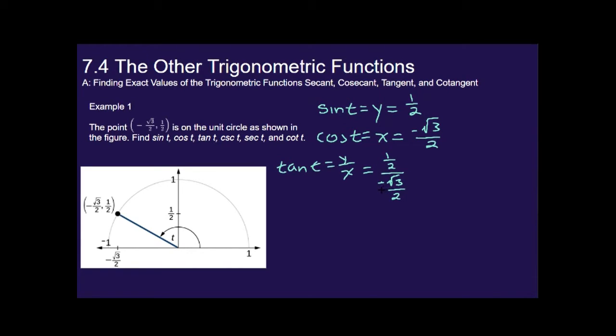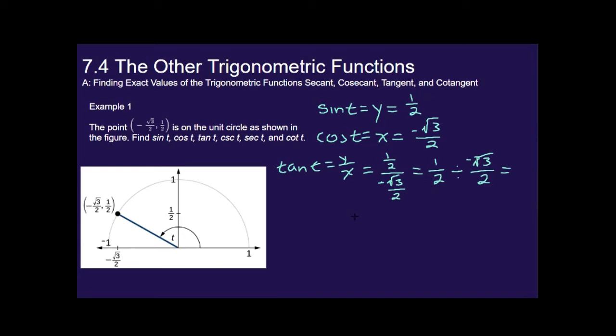Now think way back to pre-algebra, maybe even 5th grade, and when you have a fraction divided by a fraction, you can just rewrite that as a division problem. 1/2 divided by -√3/2.